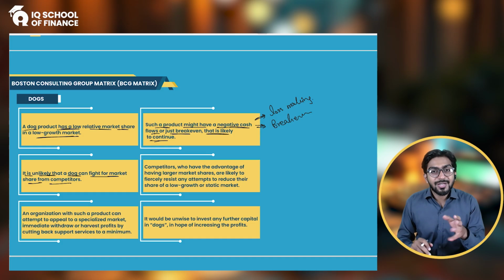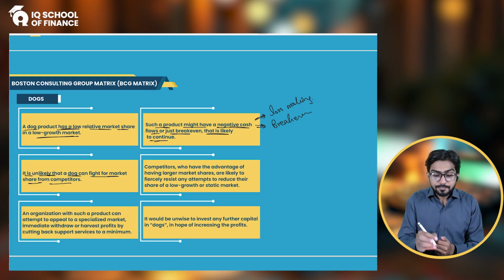All right. So in the dog, it is very unlikely that you make much effort to try to snatch the market share from the others, because obviously there are bigger, more successful businesses than you, and they would be occupying their position. They would be trying their best not to lose their share, and the market is also not growing, so you would not be able to snatch the share from them. Competitors who have the advantage of having the large market share are likely to fiercely resist any attempts to reduce their share of a low growth or static market.